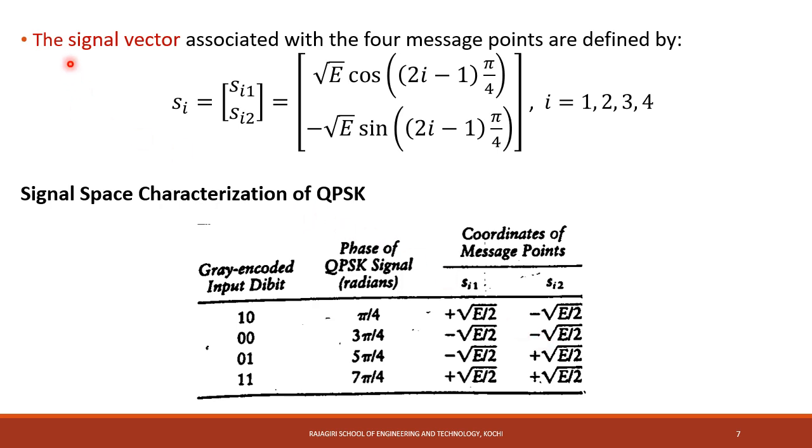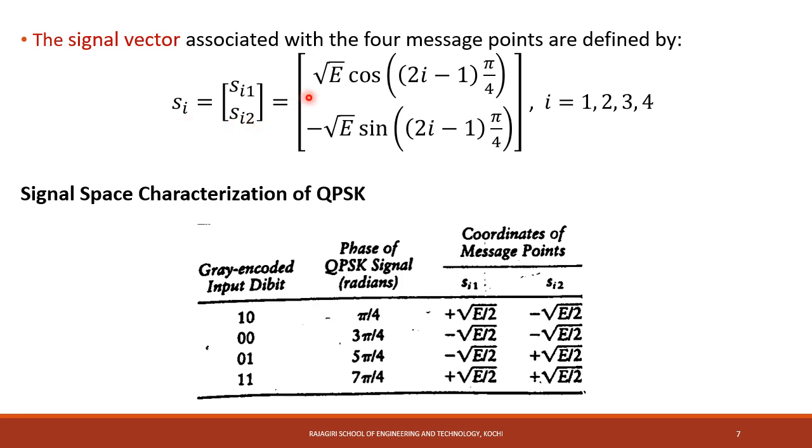So the signal vector associated with the four message points can be defined as Si equal to Si1, Si2, where Si1 is the projection of the ith symbol on the first basis function and Si2 is the projection of the ith signal on the second basis function.